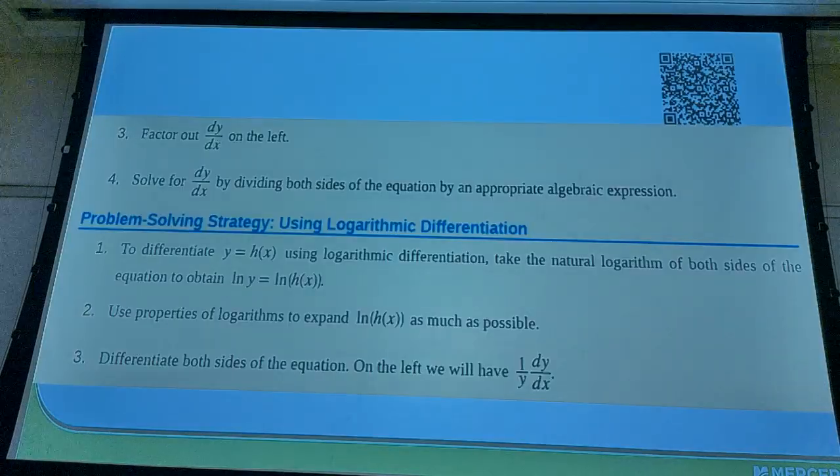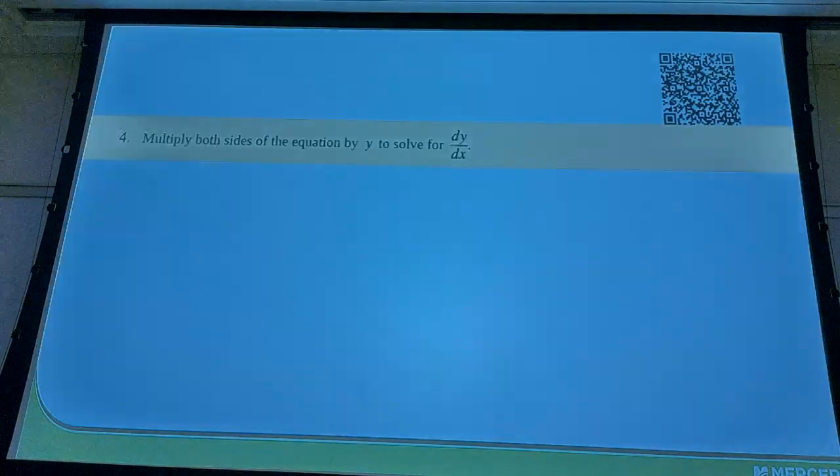So again, it's breaking it down a lot. And at the end, you'll get y times something, replace y with h of x. This is what's going to allow us to differentiate functions in the form f of x to the g of x. And a function to a function.